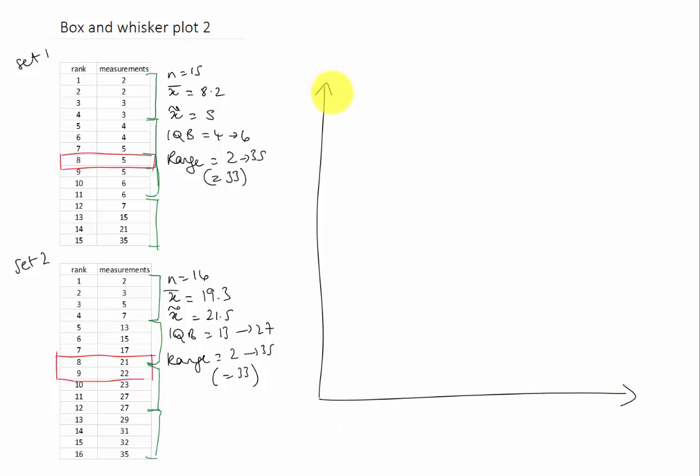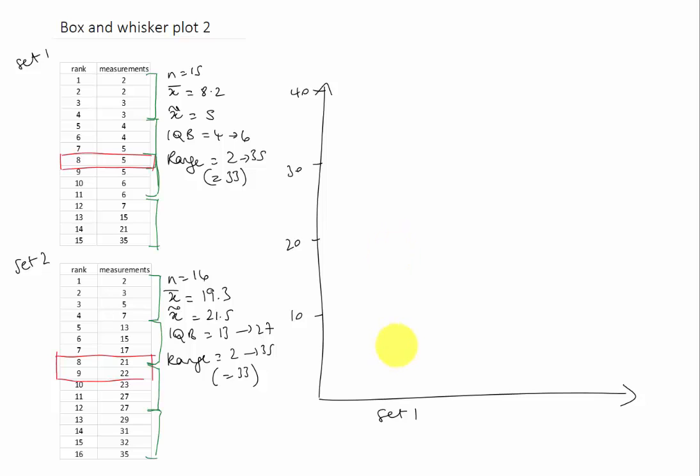So let's have our axes first of all. So here we're going to make 2 different columns for the 2 different data sets, and so here we need our scale. So 10, 20, 30, 40. So we're doing it the other way up than we did before, but that's okay. Okay, so first thing I'm going to do is for set 1, let's add the median first of all.